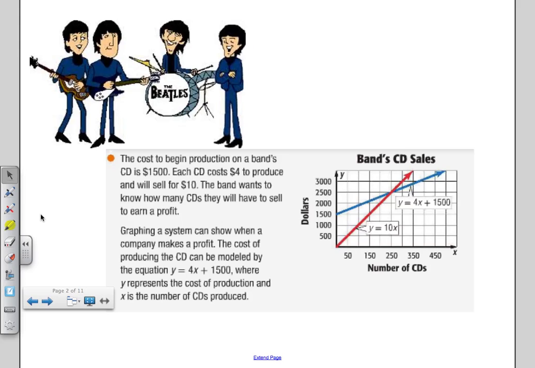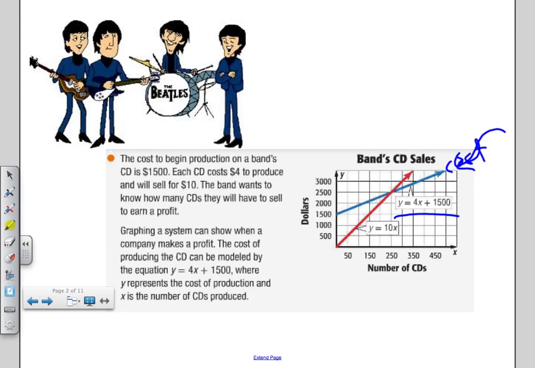So what we want to find out is how much does it cost to produce, and how much money will they make selling. We could graph each of these equations. One equation would be the blue line here, which says y equals 4x plus 1,500. 1,500 is the initial setup on the CD and $4 for each CD. So that's their cost.